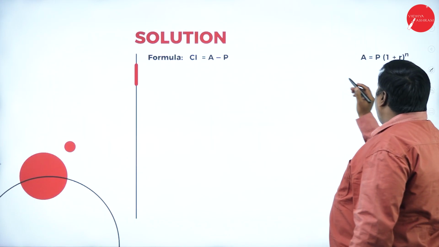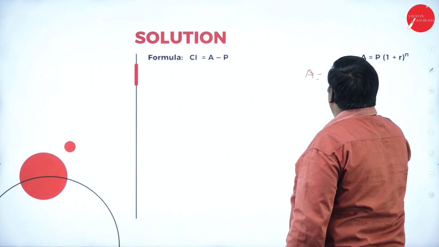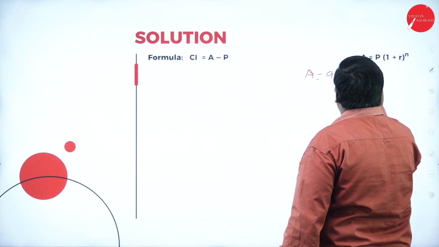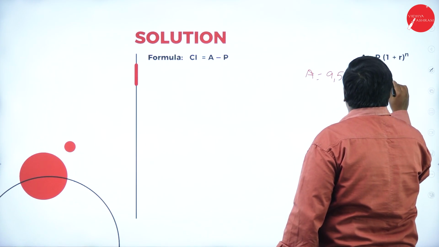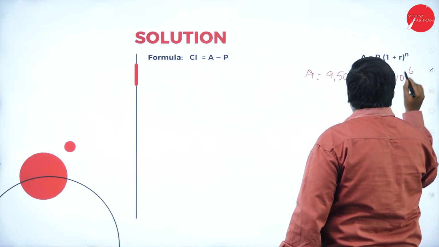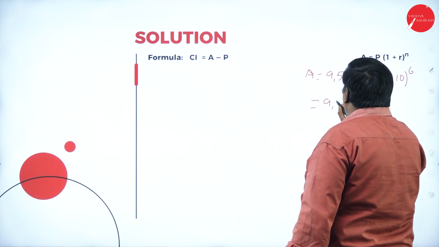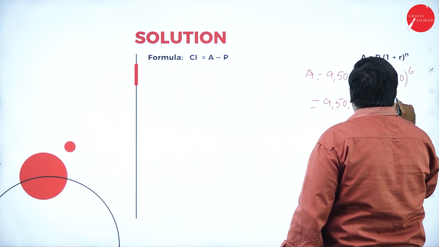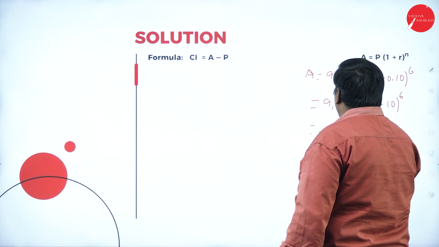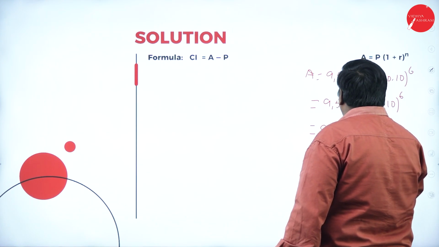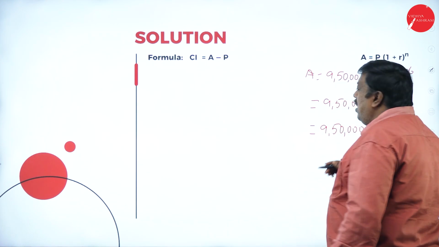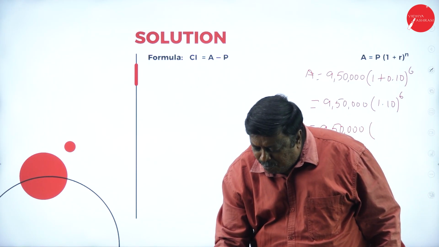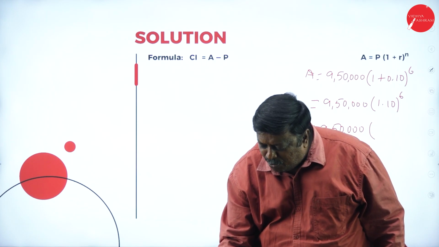So my annuity value for 9,50,000 into 1 plus 0.10 to the power of 6. 9,50,000 into 1.10 to the power of 6. 1.10 six times I have to multiply, 1.1 into 1.1.